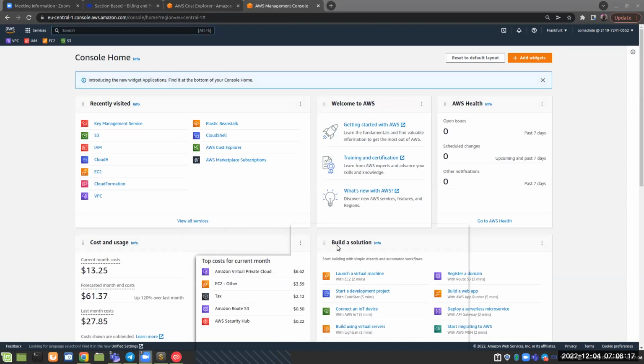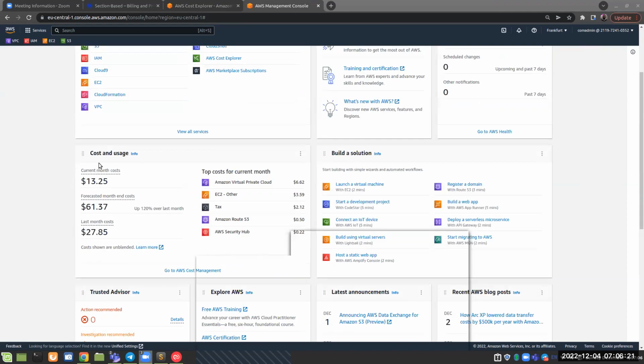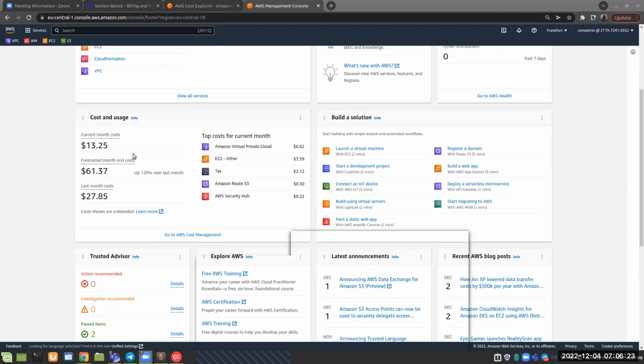The good thing is that AWS now lets you see a little bit of the cost and usage on the console when you sign in; before you didn't have it. If you notice here, it gives me the current cost, what I'm consuming already for this month, and the forecasted cost.